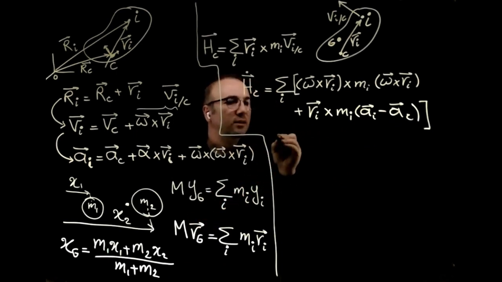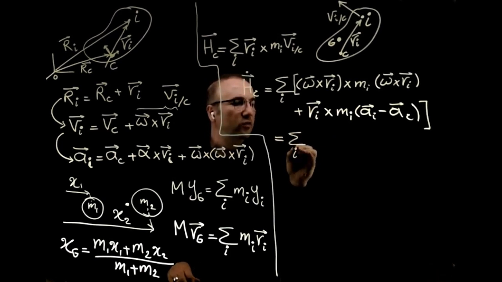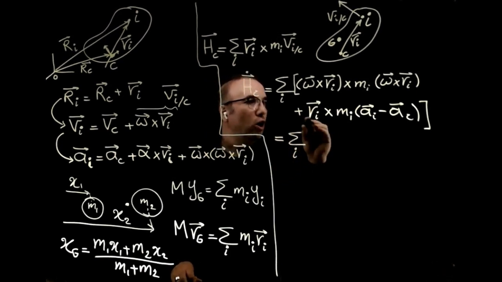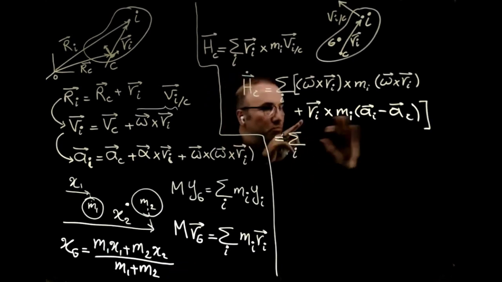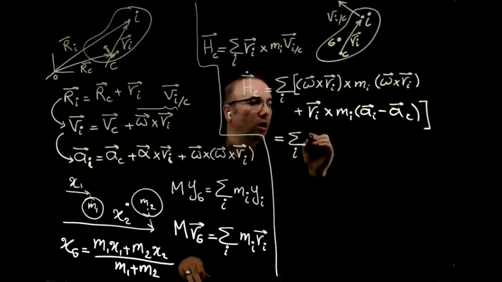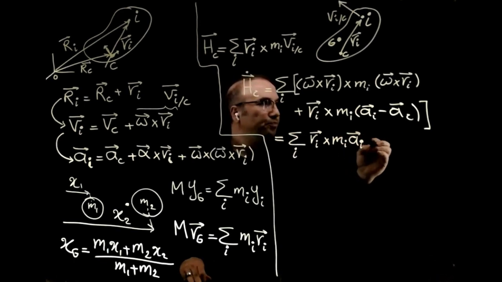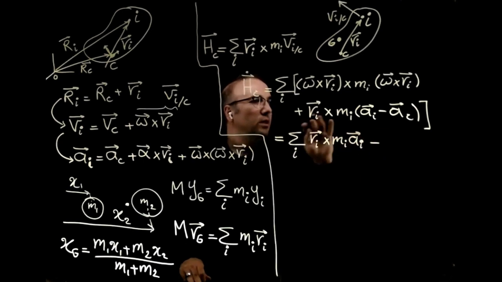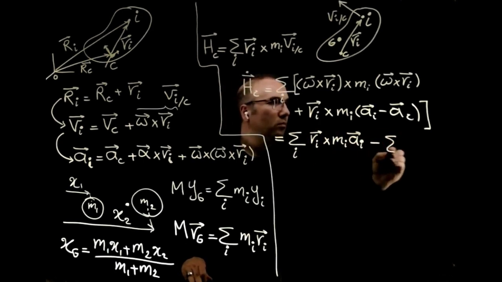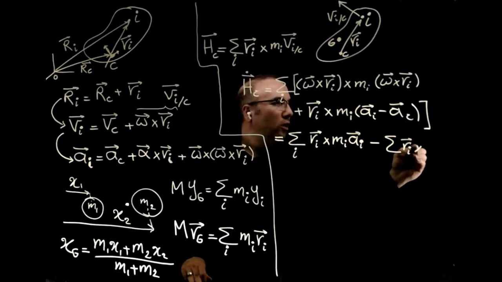Now, if I write this again, we can simplify it a little bit further. It is a summation over i. Let's make it into two summations: Ri cross Mi Ai, minus Ri cross Mi AC.